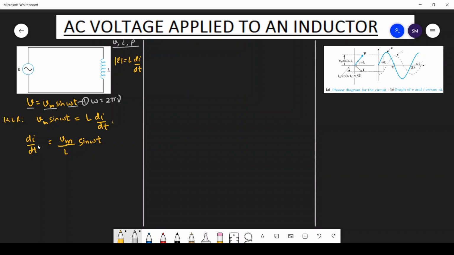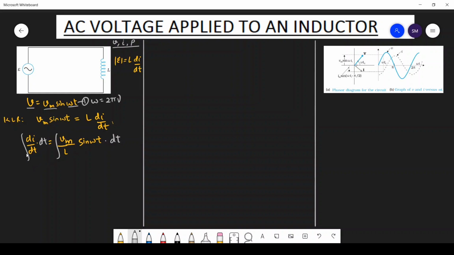I want only I. So I'm differentiating I, and whatever result I get, if I integrate it, I will come back to I. That is why let us integrate both sides with respect to t.